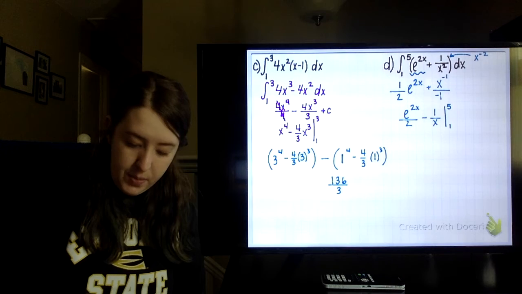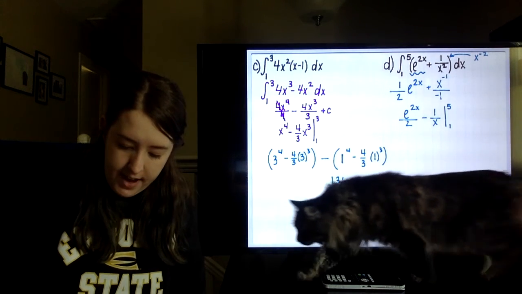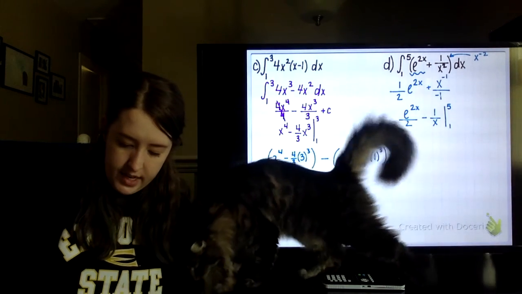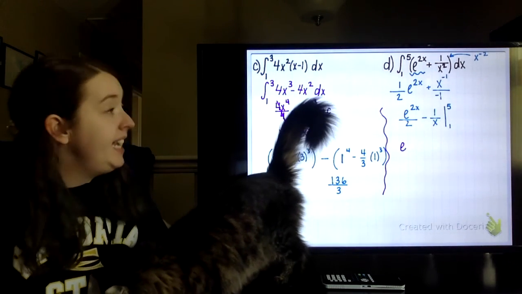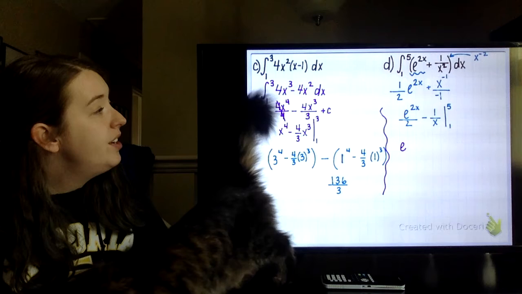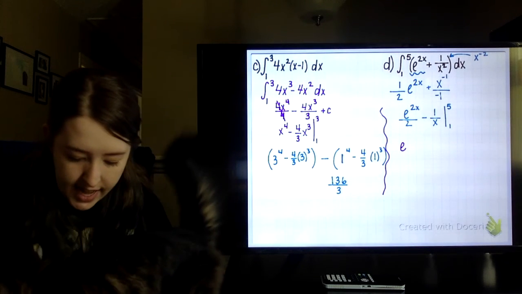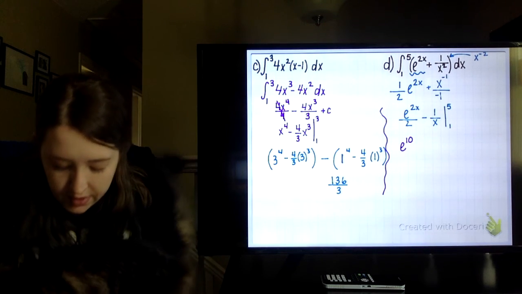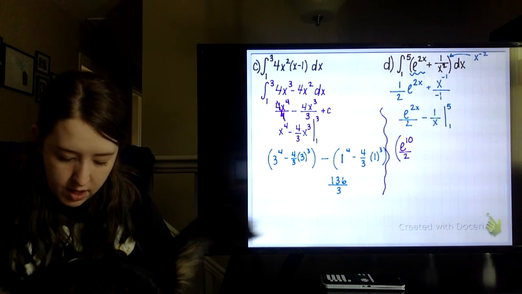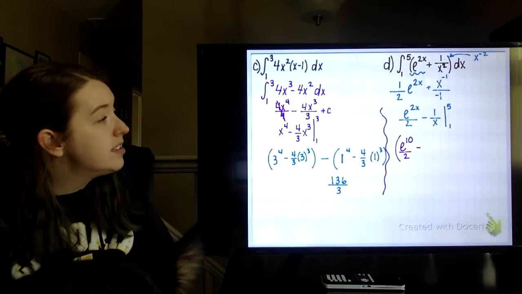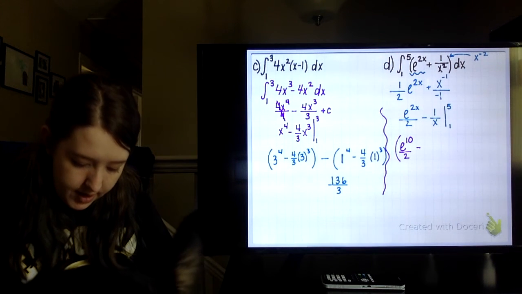So the first thing we'll plug in is that 5. Let me wiggle down a little line of demarcation here. So we'll have e to the, all right, now 2 times 5 is 10 over 2 minus 1 over 5.